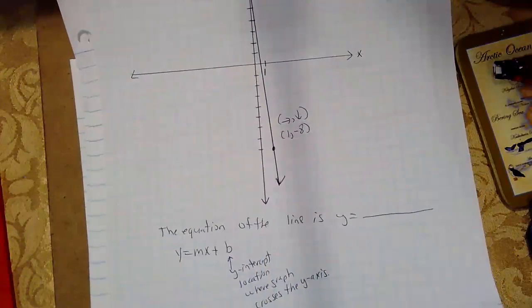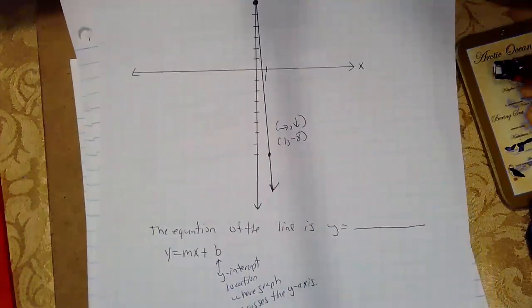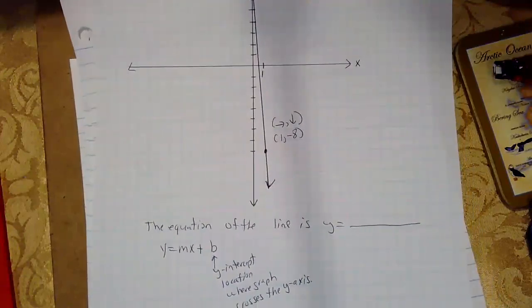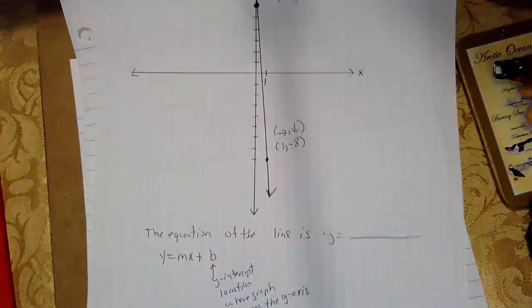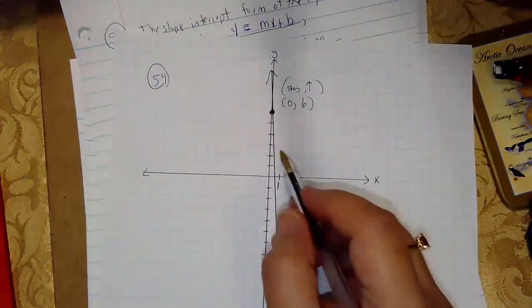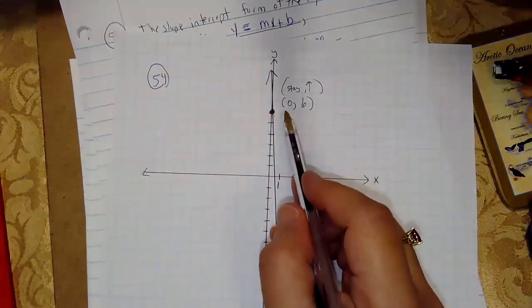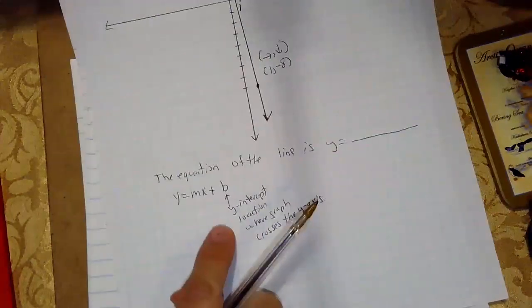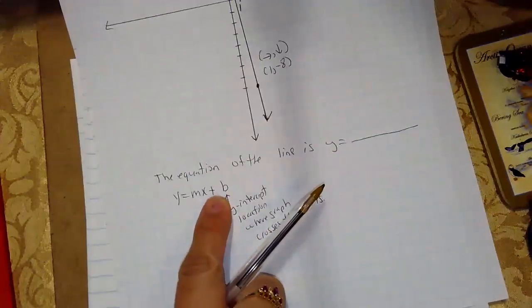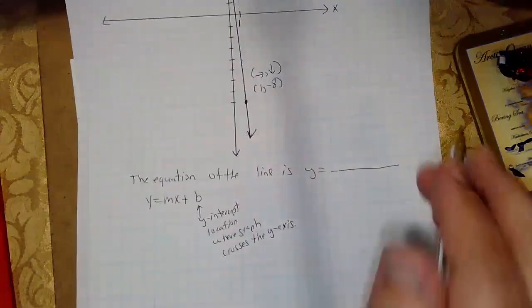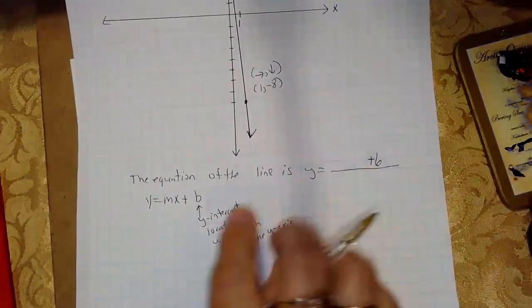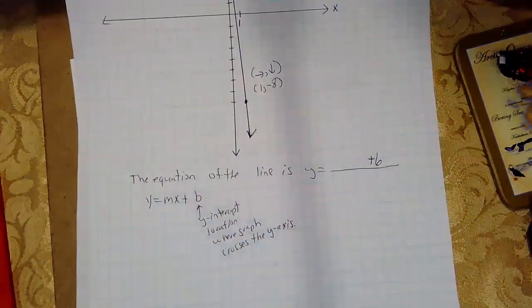Okay, so you can see that it intersects or crosses the y-axis. See right here? And that's at positive 6. So sometimes this is positive or negative, and for us it says positive 6. So that's this part here.